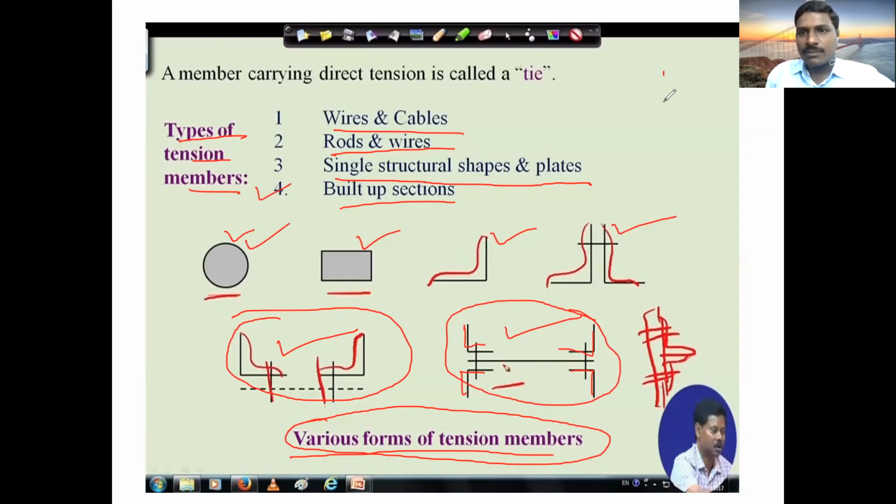If 200 kilonewton load is coming and one angle is taking 50 kilonewton load, then if we provide 4 angles like this, we can bear this 200 kilonewton load.